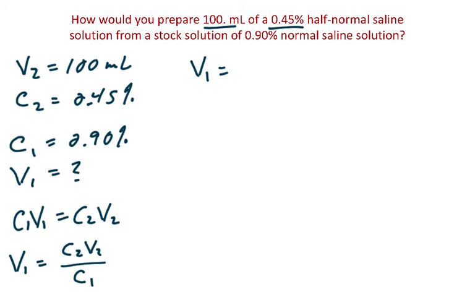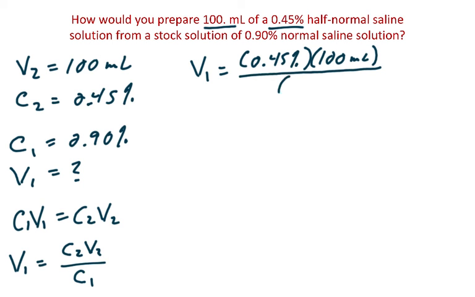And plugging in 0.45% times 100 milliliters divided by 0.9% is 50 milliliters, right? And you may have even guessed at that, right? Because you see that you have the concentration cut in half, and so you only need half as much volume, or you need double the total volume.